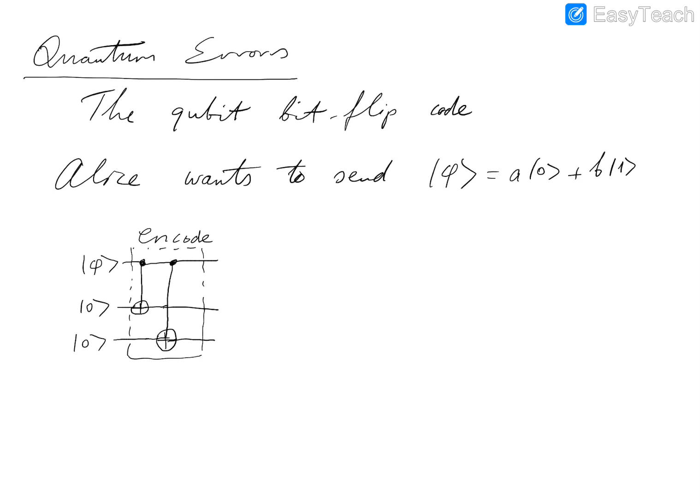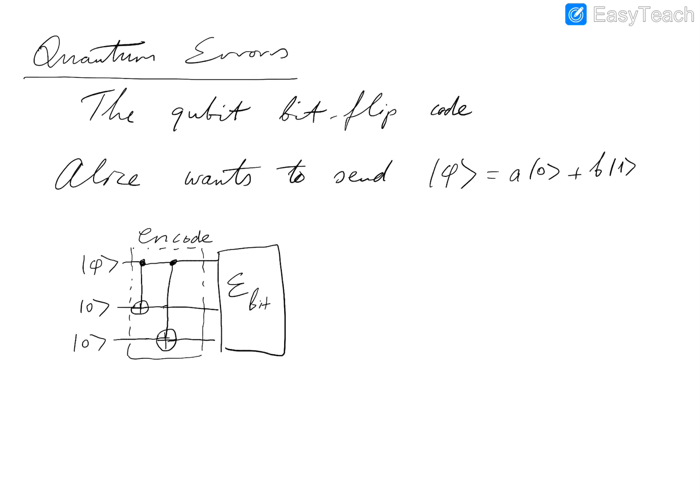Then this encoded state, the 3-qubit state, is introduced to the error model, the bit flip error. Let's call it E bit. And then these three qubits are sent to Bob. Bob is going to decode this compound 3-qubit state.